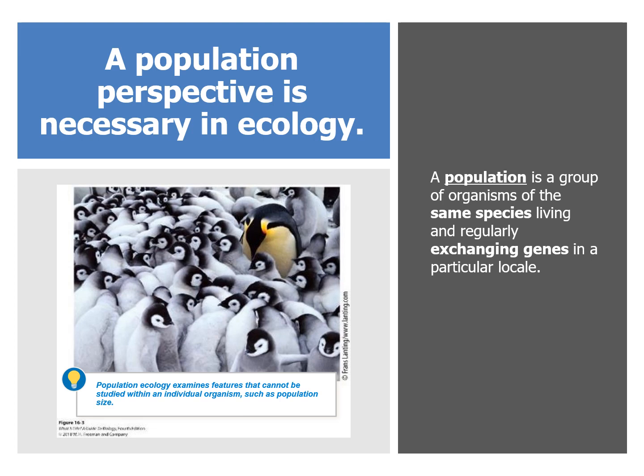Instead of just an individual interacting with their environment, we're looking at a population interacting with their environment. This is going to be important in looking at how a species regularly is exchanging their genes within a particular locale, and how that is going to be affecting that locale, specifically that environment.